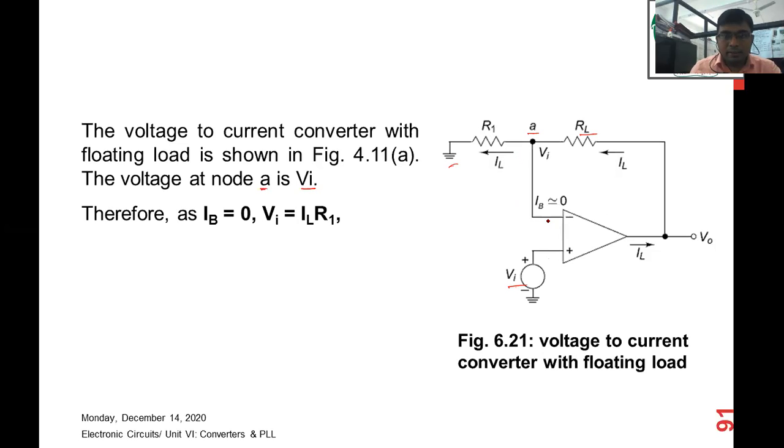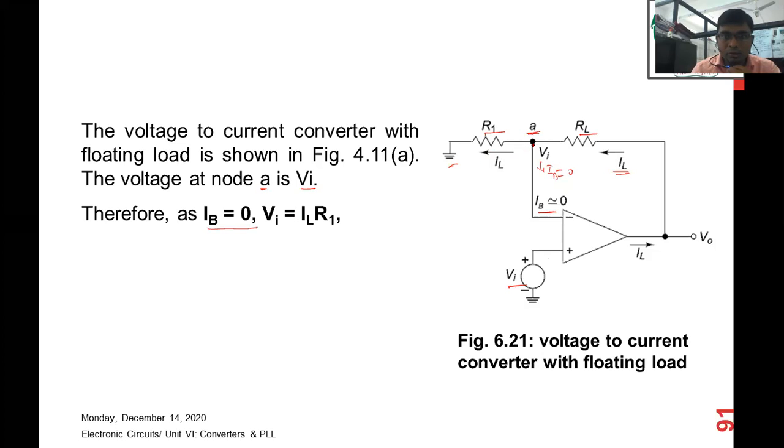As we know that no current enters the op amp, so IB is equal to 0, bias current is 0. And if it is 0, whatever current is flowing into the load resistor, that is IL here, would also flow through R1, because no current enters here. So I is 0 in this particular branch. Whatever current reaches node A would all flow through R1 as well. So here IB is equal to 0.